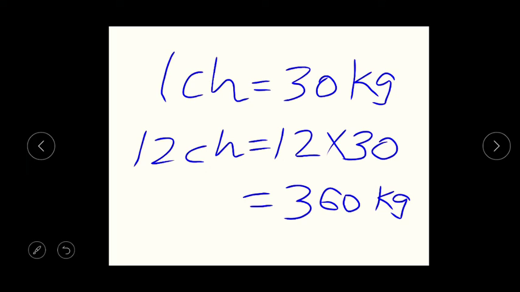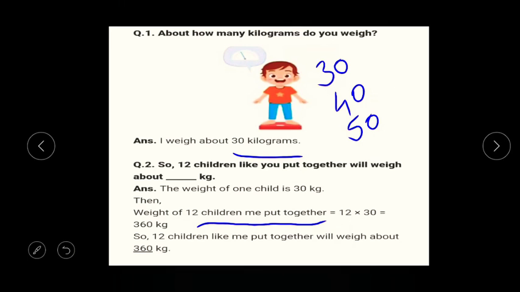So the weight of 12 children will be 360 kilograms. So if we can see here, the weight of 12 children put together is equal to 12 into 30, that is 360 kg. So 12 children like me put together will weigh about 360 kilogram. Is it clear?